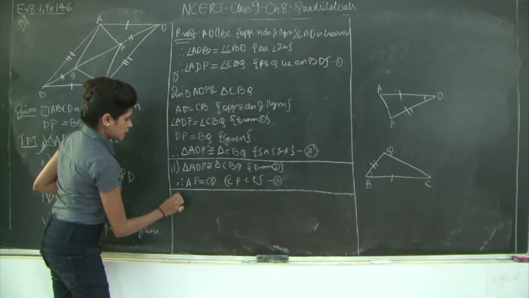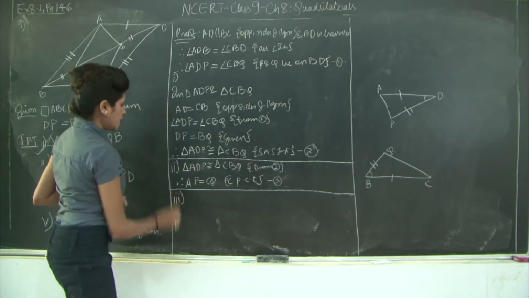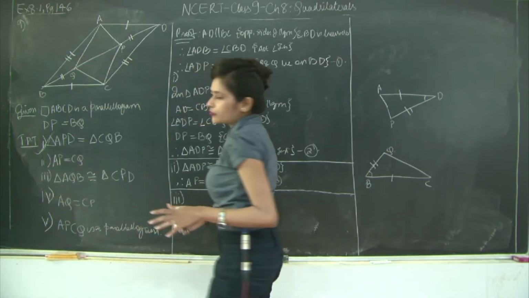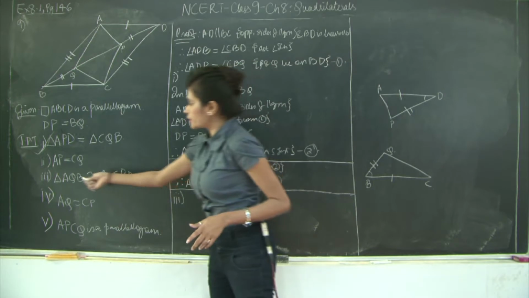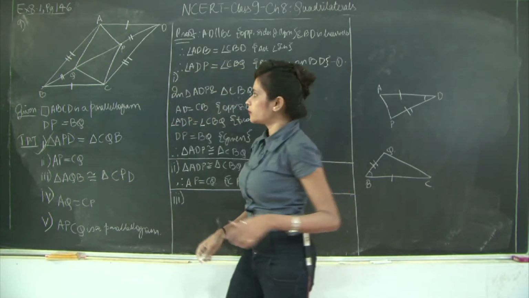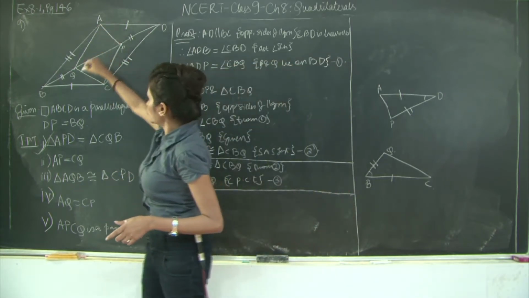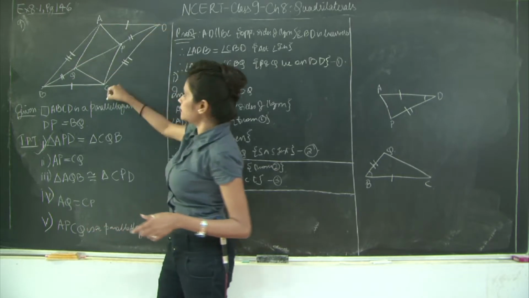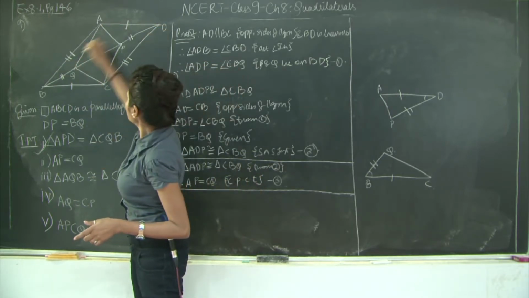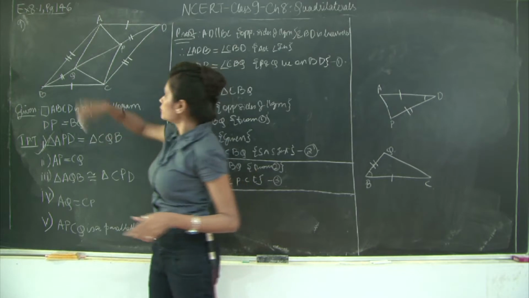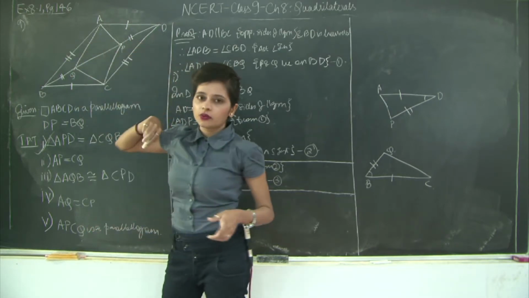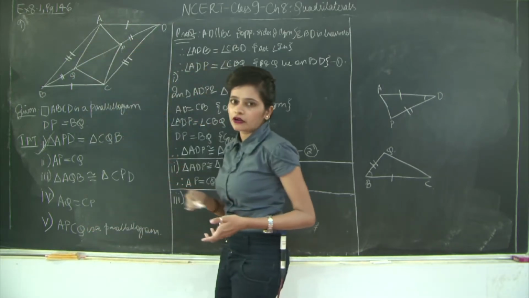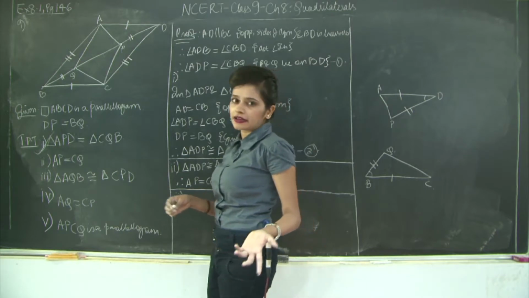Let's move on to the third section. We will take a look at the triangles over here itself. We need to prove that triangles AQB and CPD are congruent. If you see, you have these two sides equal, given. These two sides are equal. Why? Because the opposite sides of a parallelogram are parallel and equal.